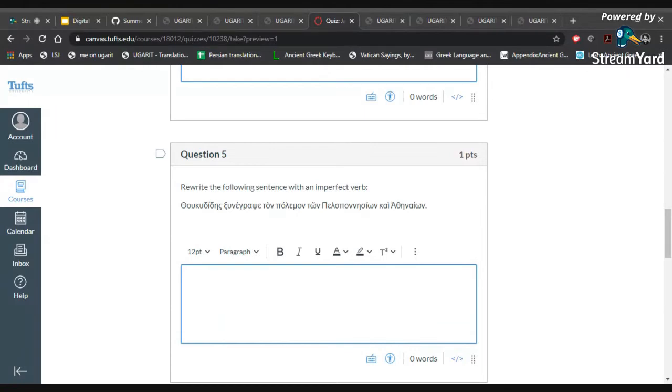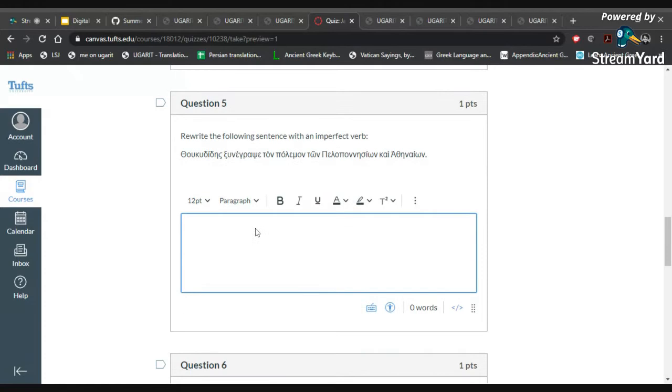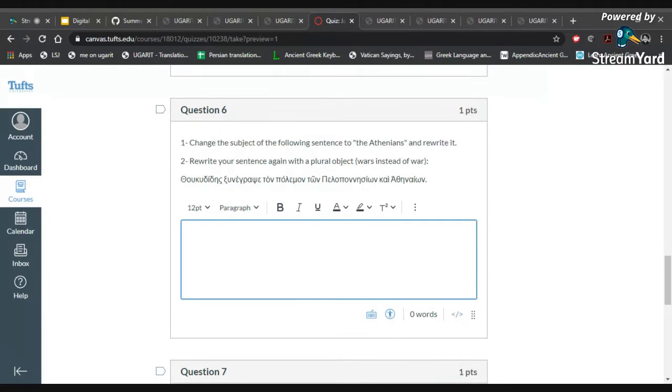But even from their mistakes, I couldn't exactly tell. What I got out of it was that they didn't know which part of this verb they needed to take out and how to change it to imperfect. The same went for translation and writing questions. From multiple choice questions, apparently they did much better.